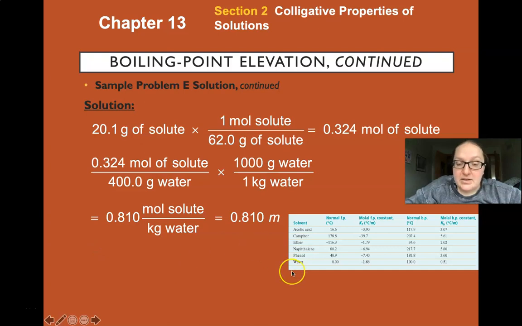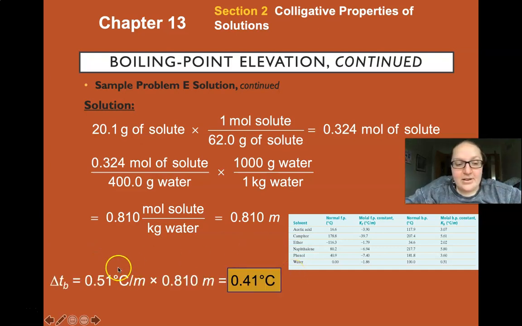The molality of that solution is then going to get multiplied by the constant. You're going to take the molality of that solution and multiply by the given constant, the Kb, which given here for water is 0.51. We're going to take that 0.51 multiplied by the 0.810 molal, and we're going to get 0.41 degrees Celsius.